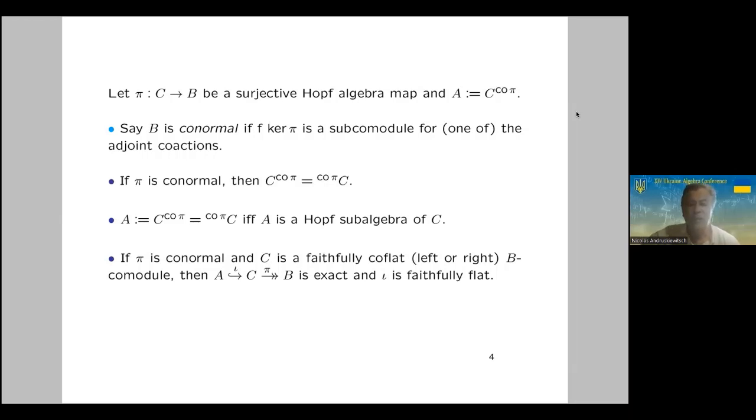If pi is conormal, the left coinvariants coincide with the right coinvariants, and in such a case, A is a Hopf subalgebra of C. Furthermore, if C is a faithfully coflat B comodule, then the sequence A, C, B is exact. And furthermore, iota is faithfully coflat also by itself.